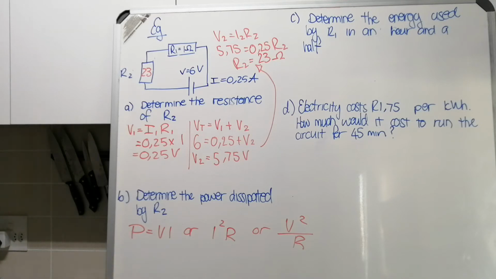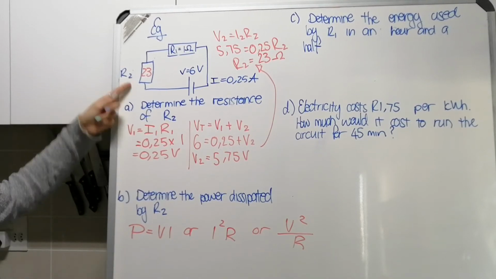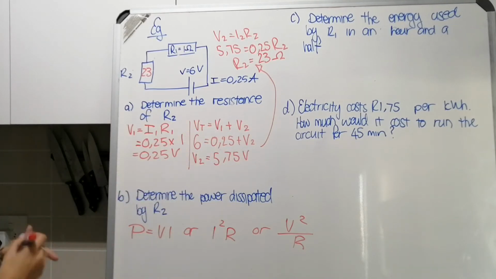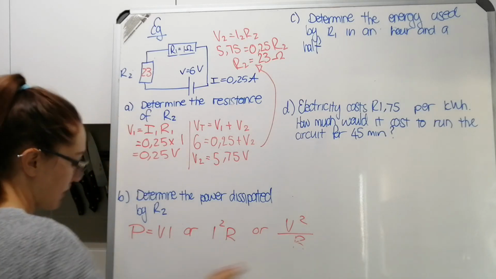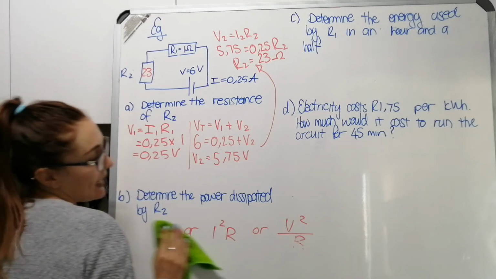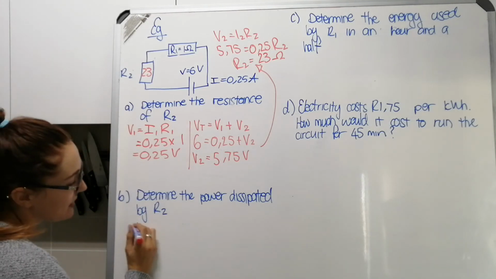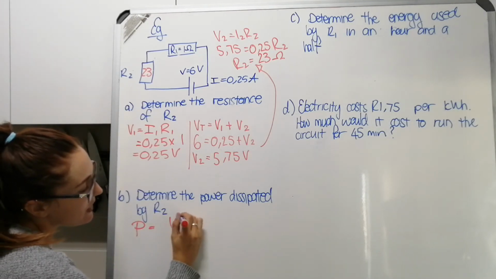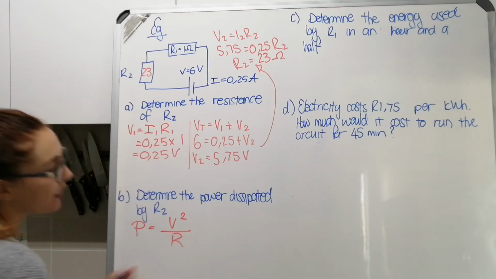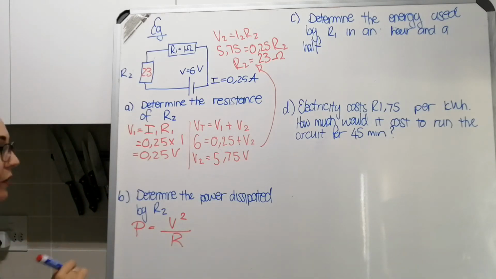In your worksheet, however, we only knew the resistance and the current at this stage. We hadn't worked out the potential. Just to keep it fun, I'm again going to use a different method. Let's use the fact that we know the potential. Let's use the ugliest of the three formulae. Some people would say ugliest, I think the most interesting looking. So the power dissipated by R2 is V squared over R. I can use this because I know all the information.